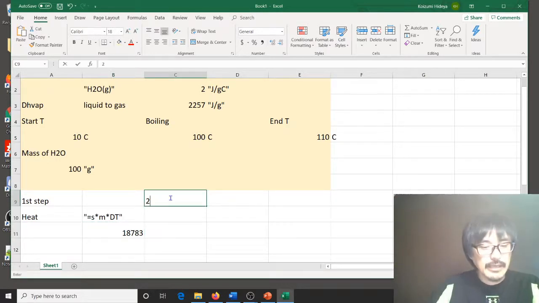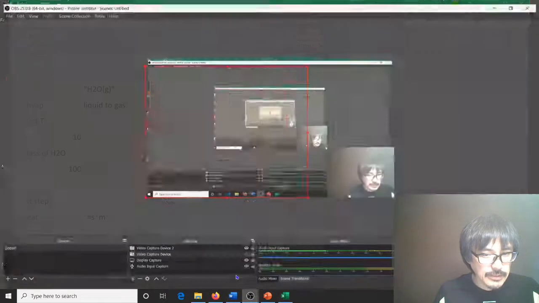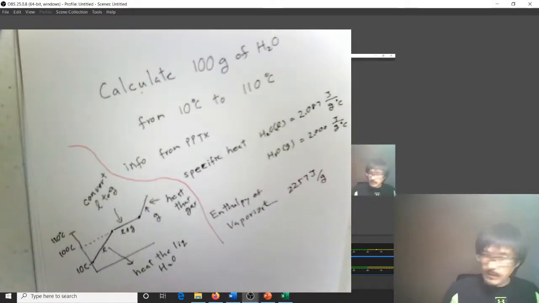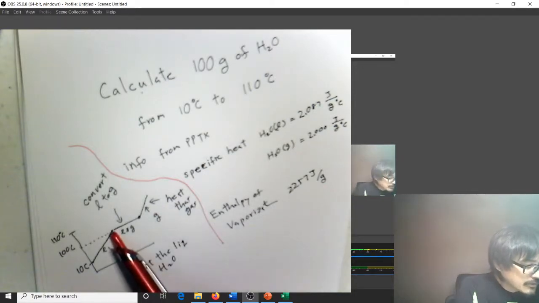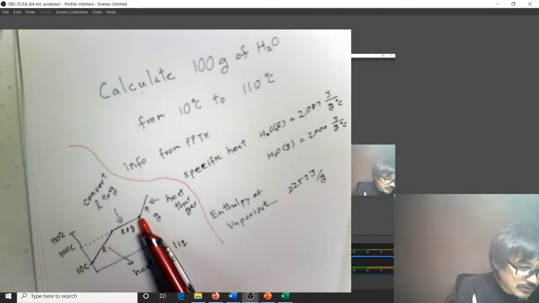What about the second step? Now in the second step we're going from 100% water at 100 degrees Celsius to 100% gas at 100 degrees Celsius.